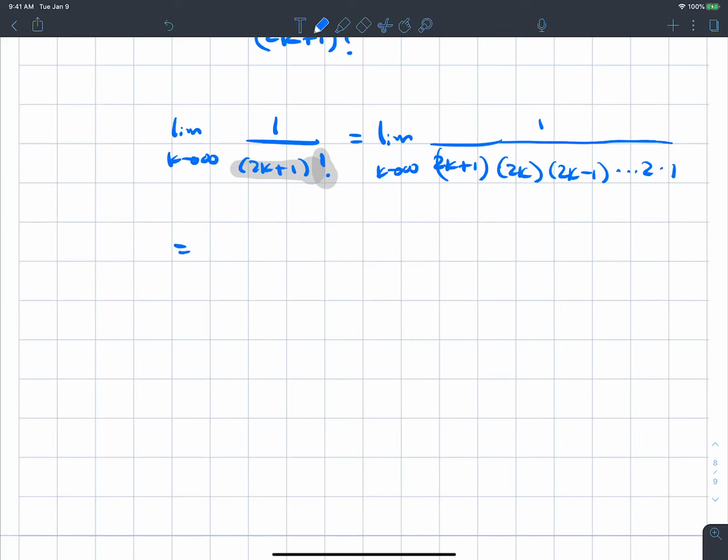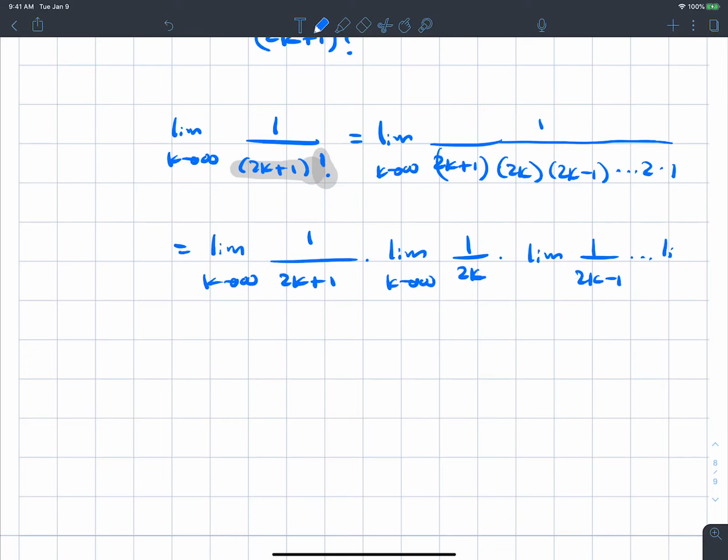What you can do is write the limit as k gets big of 1 over (2k plus 1), times the limit as k gets big of 1 over 2k, and you do that forever, right? 1 over (2k minus 1) all the way down to the limits of your constants. Limit of 1 over 2, limit of 1.